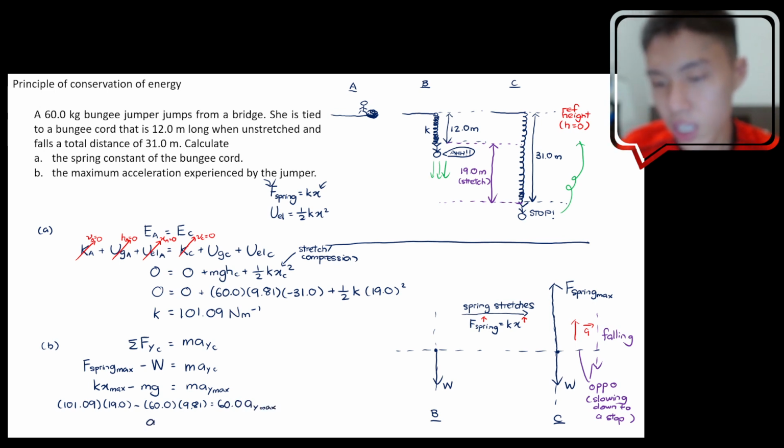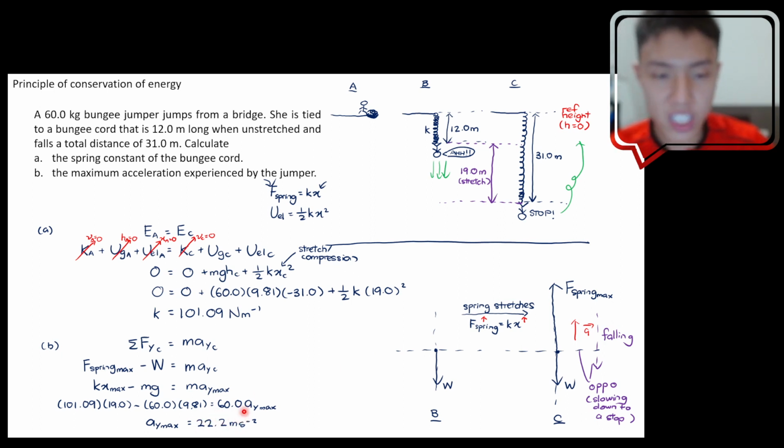So you can key into your calculator, and you find that the maximum acceleration will be 22.2 meter per second squared. Okay, 22.2 is much larger than the weight. So you can see that the maximum acceleration here far exceeds the weight of the object.